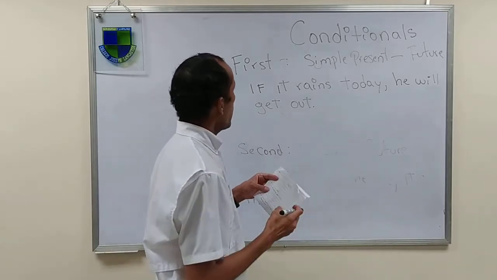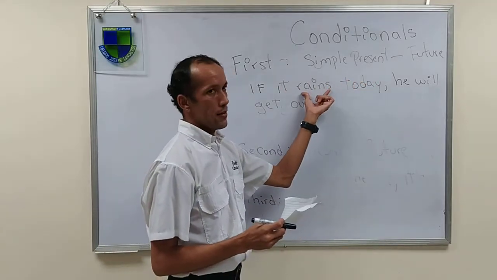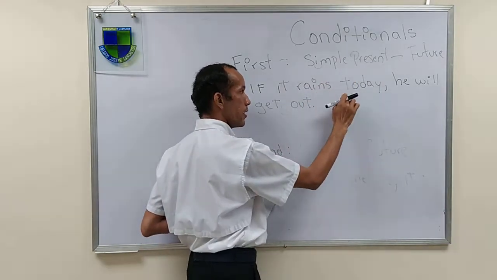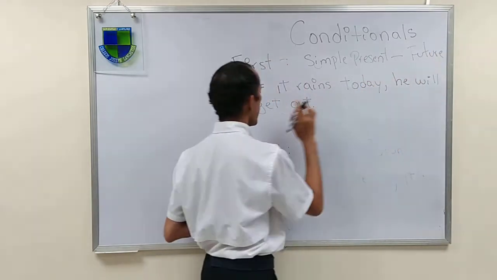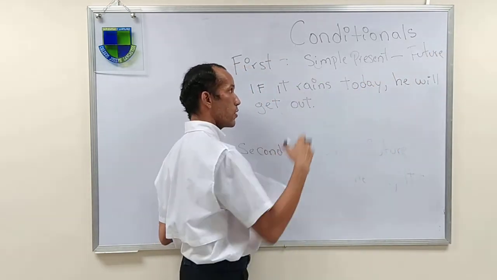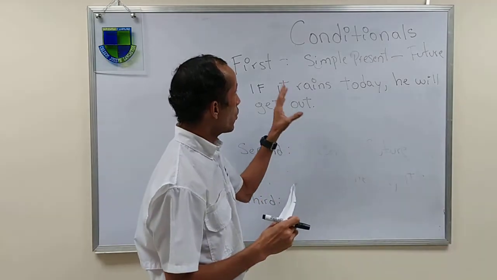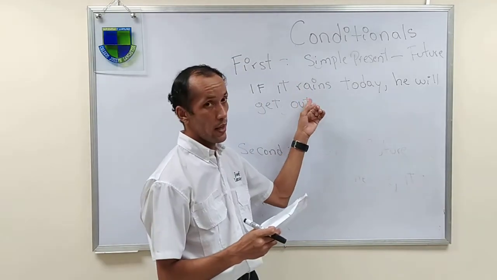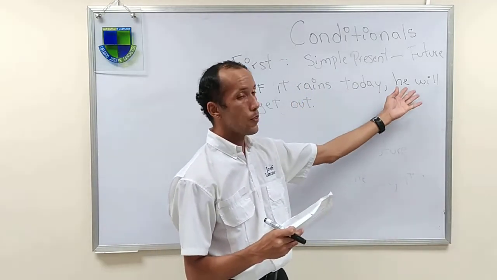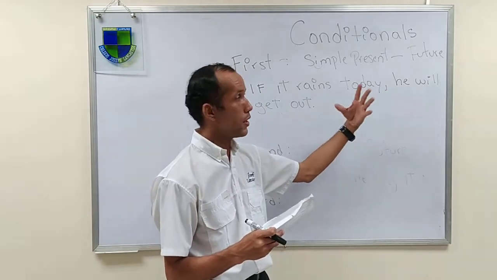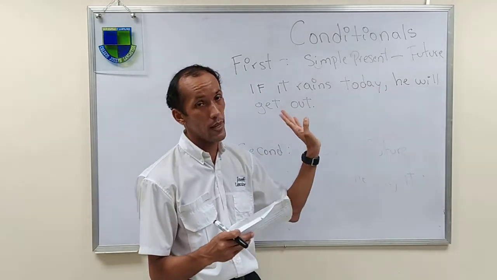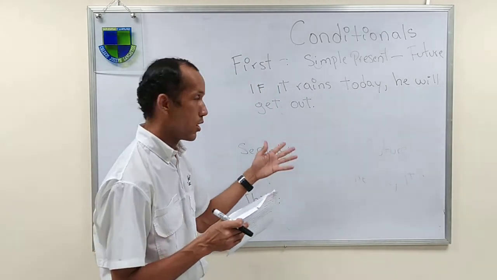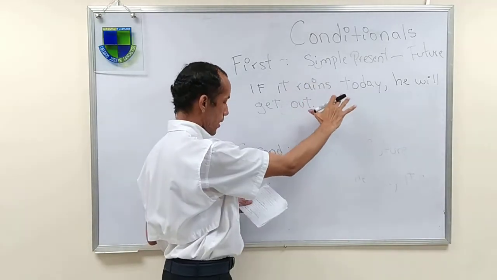You can appreciate the simple present here, rains: if it rains today. And the future: he will get out. So it's something possible. We don't know for sure if it's going to rain. If it rains, the person in this case will go out. But if it doesn't rain, we don't know if he will go out or if he will stay at home. So this is possible.